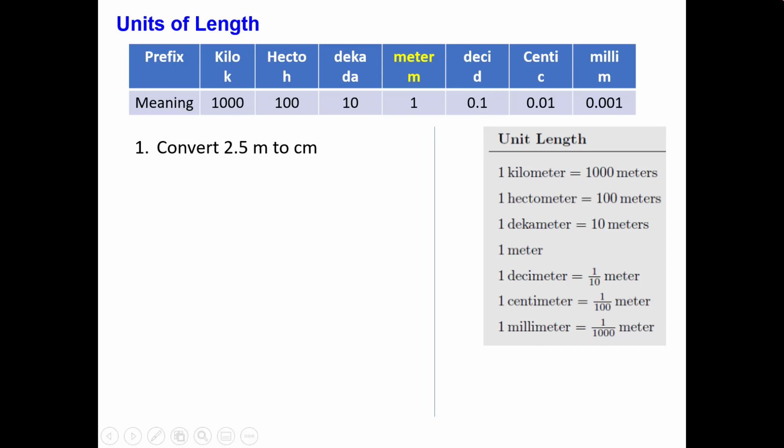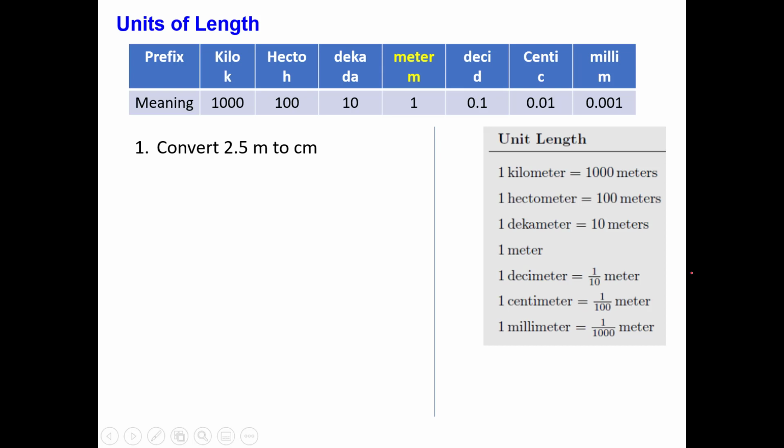And we want 2.5 meters. Yes, 2.5 meters to centimeters. Then the conversion factor we want to use, yes, is meters to centimeters. And the conversion factor that correlates is centimeters and meters.